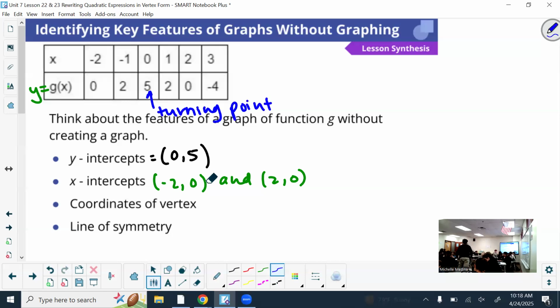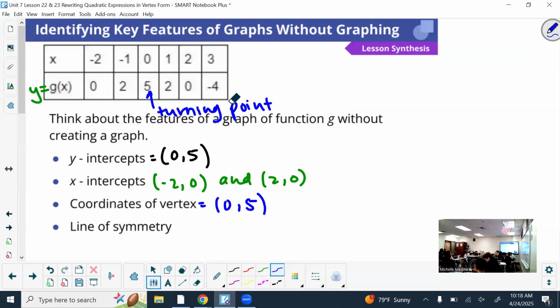That is going to be my vertex. So the coordinates of my vertex are 0, 5. And while usually they are in the middle of the table, depending on what snapshot they give you, sometimes it's not perfectly in the middle of your table. You have to look at your y values where they shift from increasing to decreasing. Questions on that?